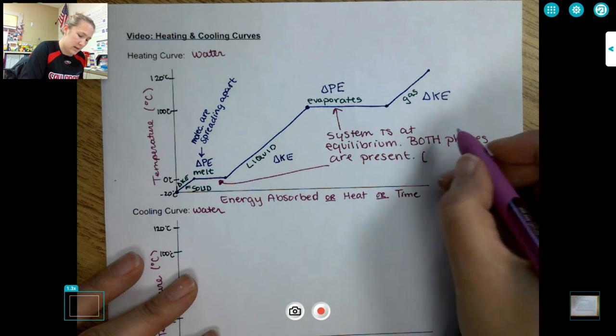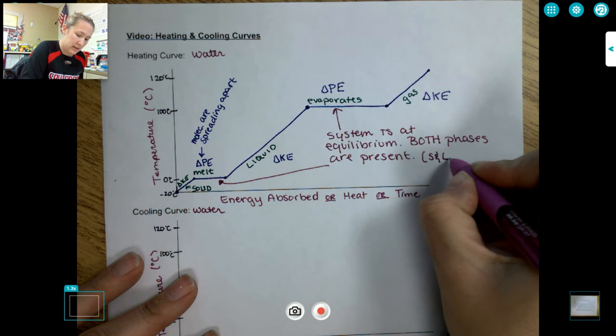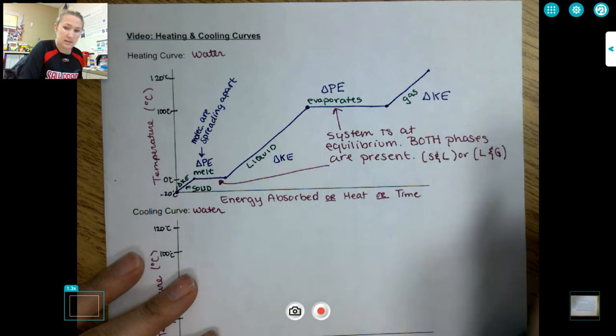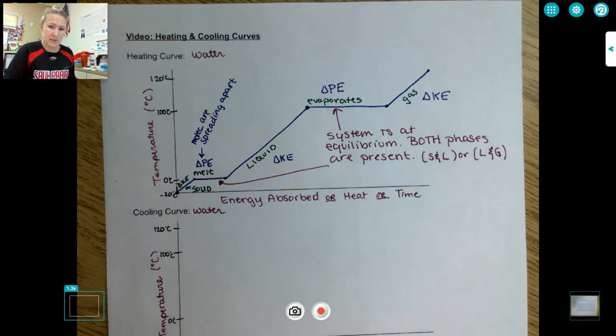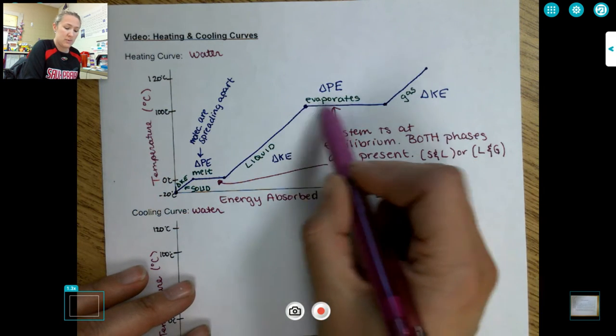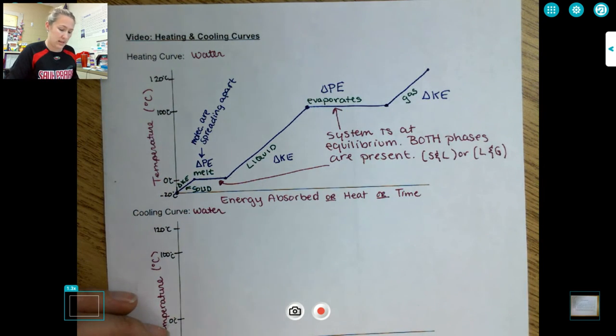So in my first one, I have both solid and liquid, or my second one, I have both liquid and gas. Right? They're both present at the same time. I have much more gas here than I do here, but at the same time, there's both gas and liquid happening simultaneously.